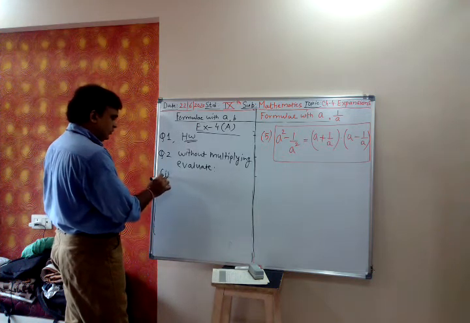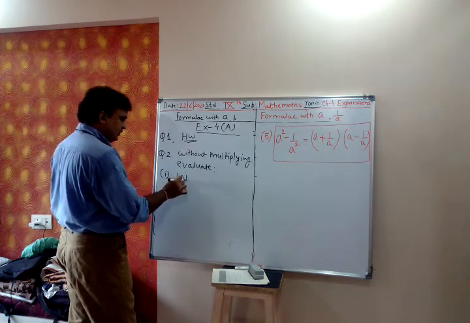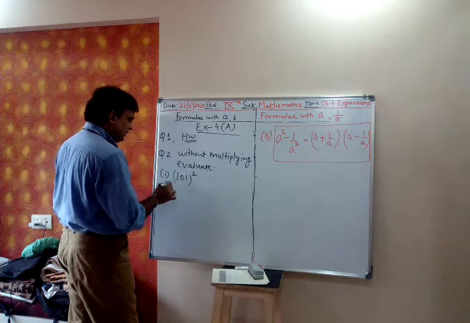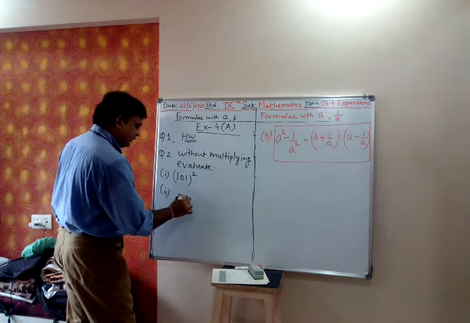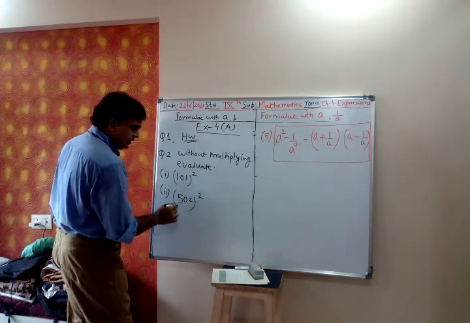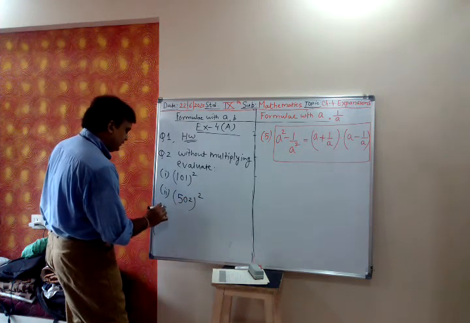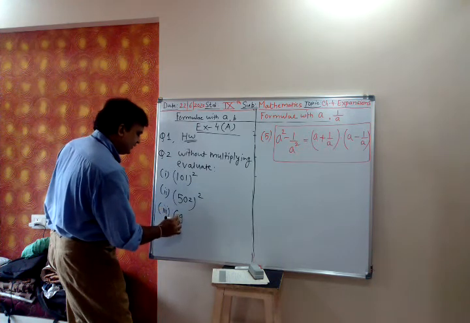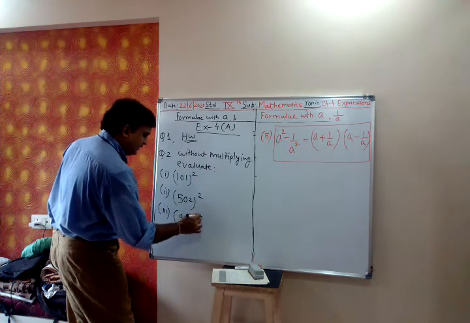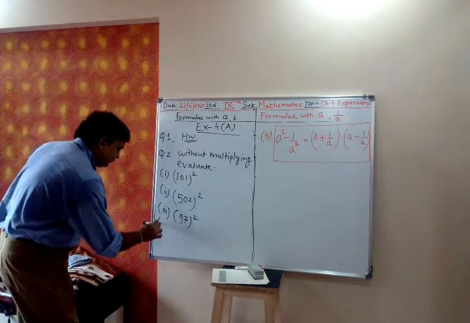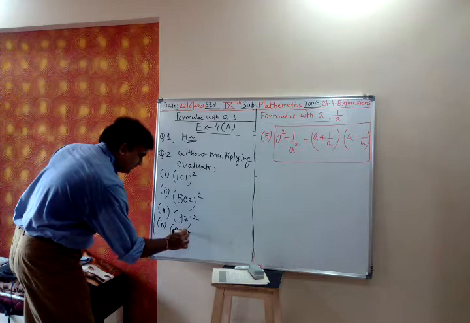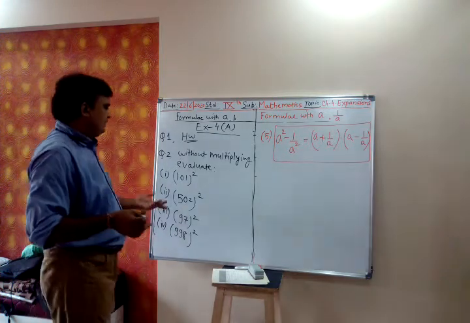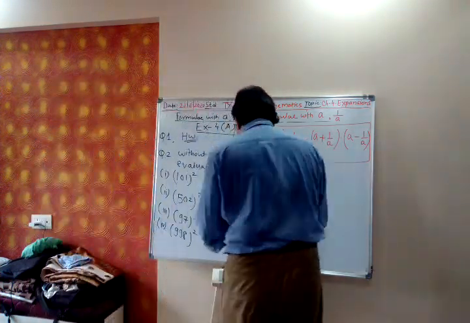First, 101 whole square. Second, 502 whole square. Third, 97 square. This is what you have already done in 8th standard. First one, second one, third one, fourth one, all are same.